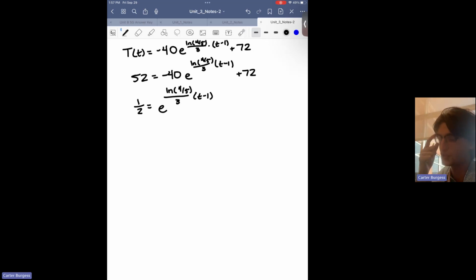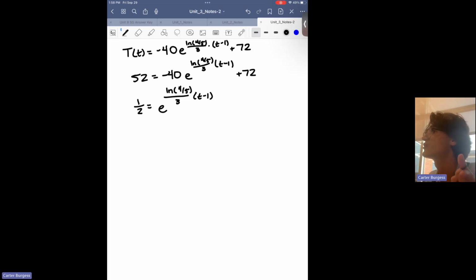Now notice here, this 1/2 isn't because we're working with half-life. We saw this before when we were working with half-life. This is just a coincidence. The difference in temperature by the time I've gone from 32 to 52 is halfway between 32 and 72. So that's why we see this 1/2 showing up here. That distance in temperature has been cut in half.